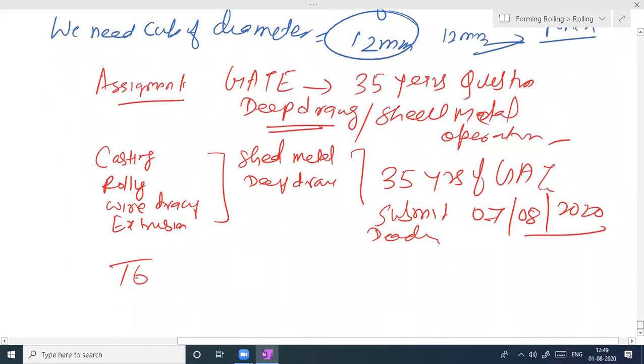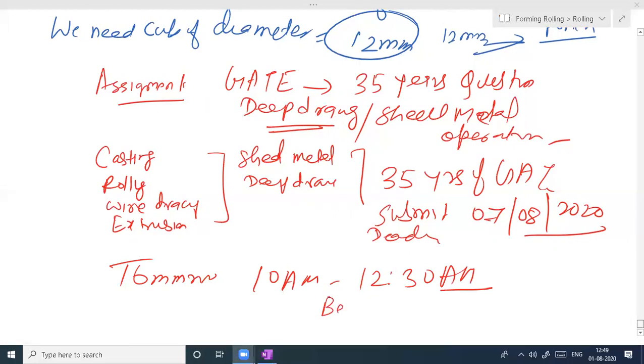Tomorrow, 10 a.m., we'll discuss bending, the seventh. I have given the seventh, I guess.